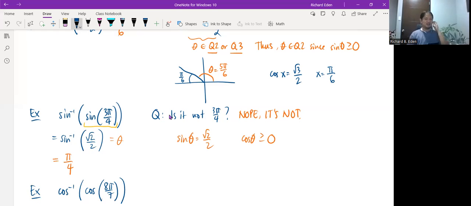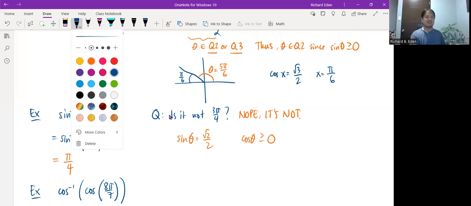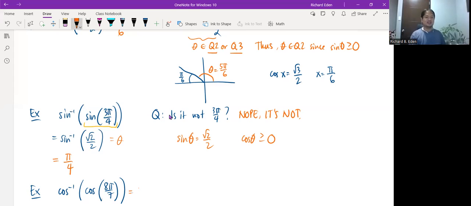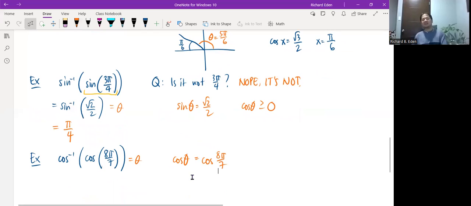Then we're going to think of this as an angle theta, and cosine theta should be equal to the cosine of 8 pi over 7. Now, this angle theta, the unique output, in which quadrant are we going to find it?